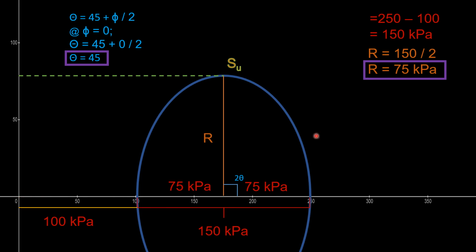To get that normal stress, we will simply add 100 plus 75. Therefore, 100 plus 75 is equivalent to 175 kilopascals, which is our final answer for that. And that's the A, B, C. We're going to answer next the letter D.